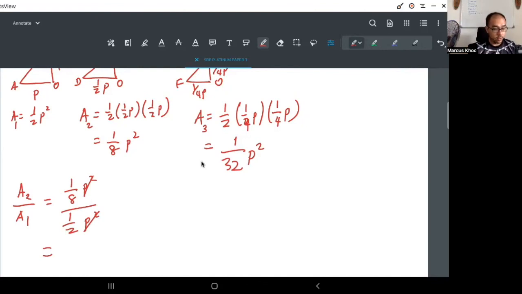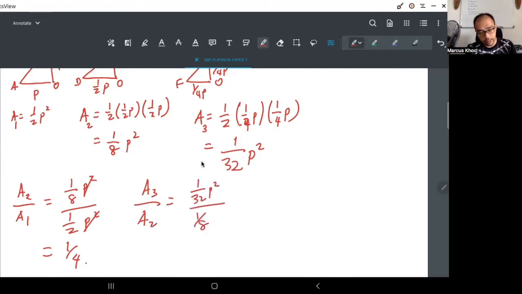Then we do A3 divided by A2: 1/32 P squared over 1/8 P squared. Again using your calculator, you will get 1/4.